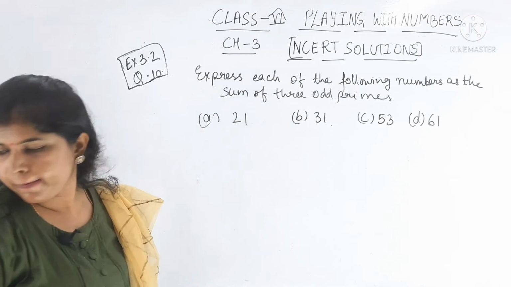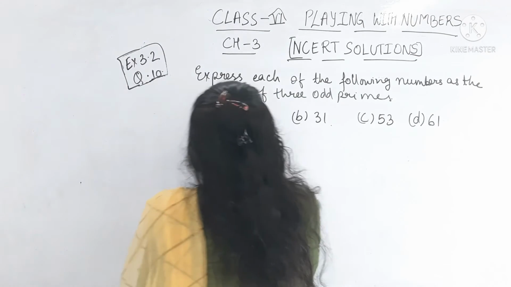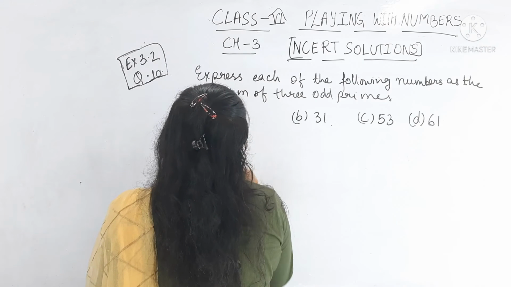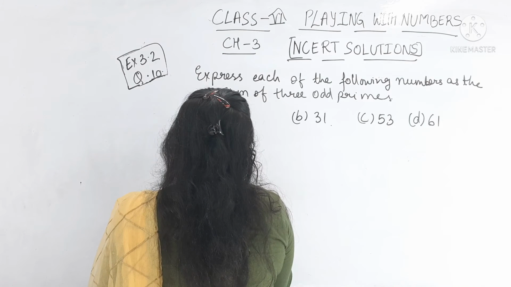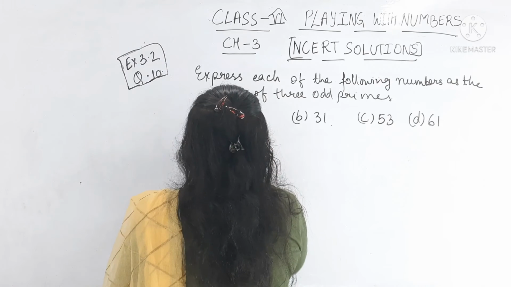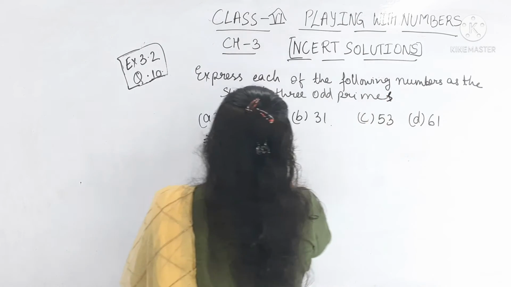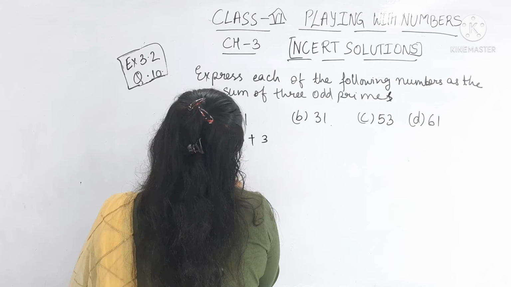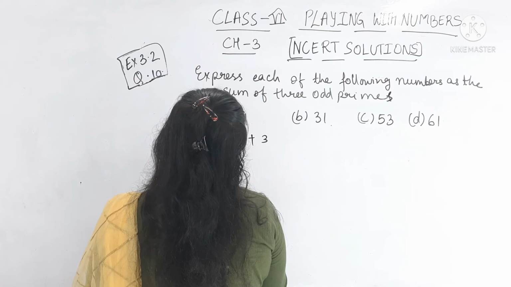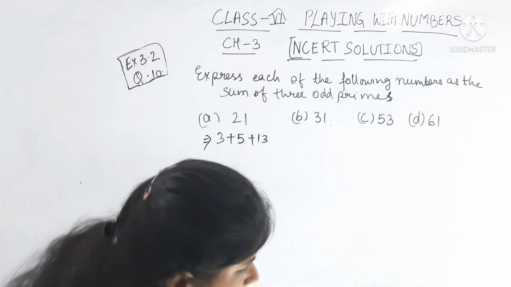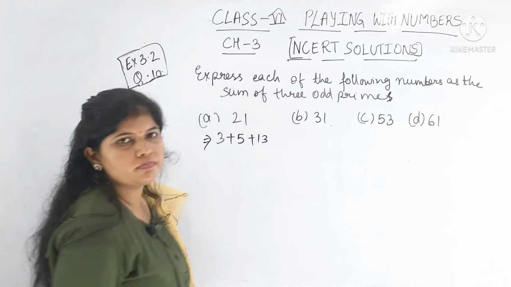So for 21, 3 plus 5 is 8, and 21 minus 8 is 13. So 3 plus 5 plus 13 are the prime numbers for 21.